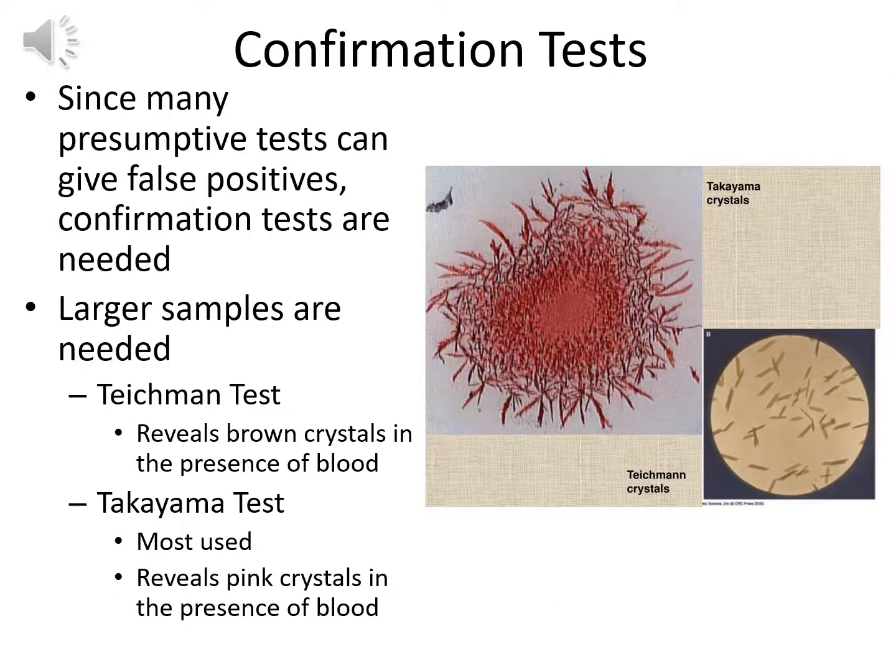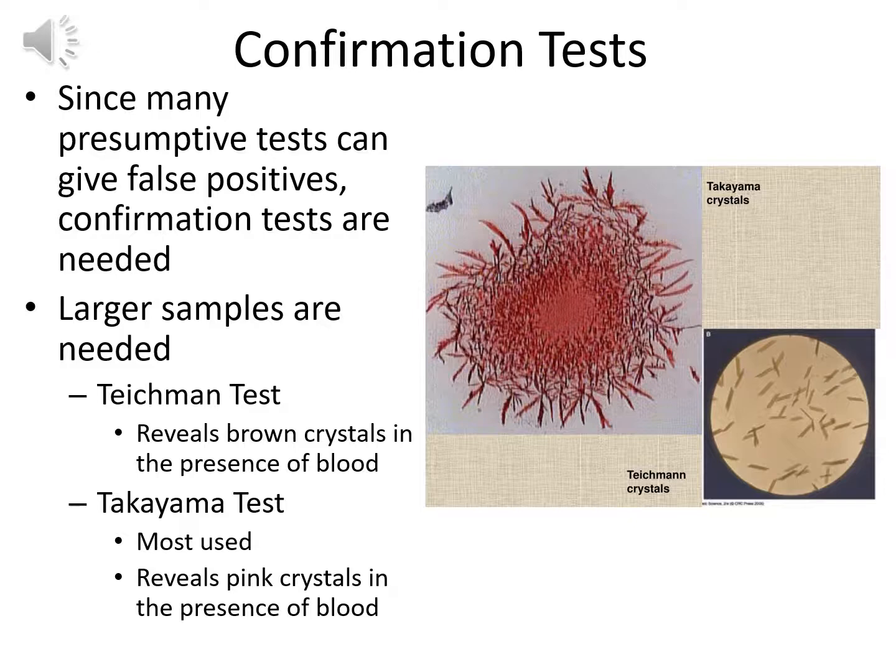And so what our text calls confirmation tests, you're more likely to hear the term confirmatory tests used. These are necessary because many of those presumptive tests that we mentioned just a moment ago can give false positives, and so you need something to follow up and say, yes, this is definitely blood, and that's what a confirmation or confirmatory test is all about.